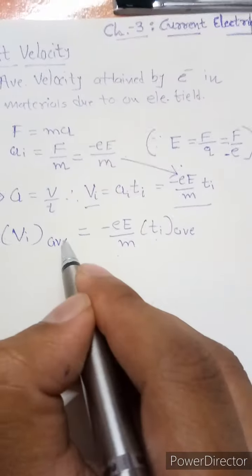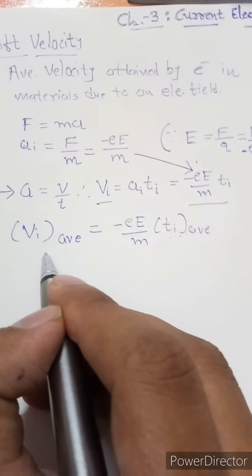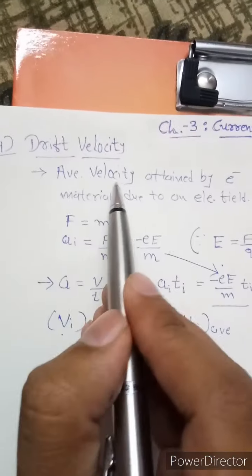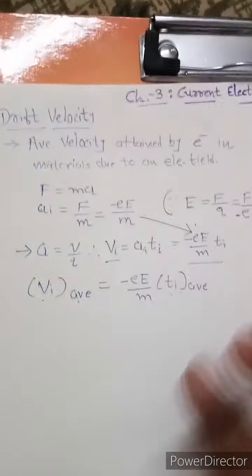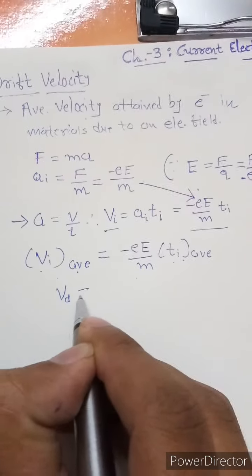So there is an average of time taken and average of velocity. This average of velocity is known as the drift velocity, and the symbol of drift velocity is Vd.